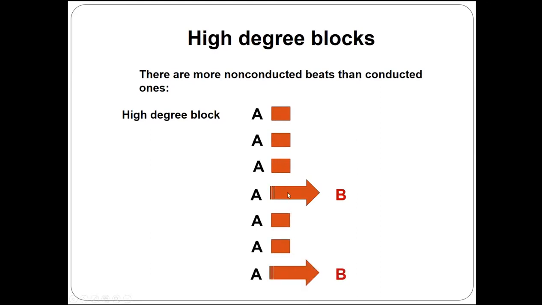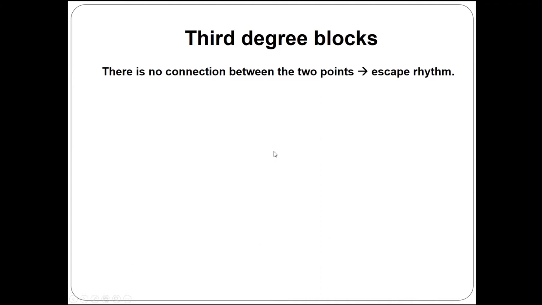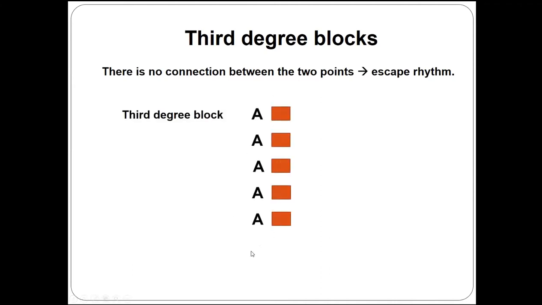So the only possibility is that some kind of lower center is going to fire, depending on the grade of unconduction we have. And the worst one is when we have no connection between A and B at all, and for sure we always have an escape rhythm, a lower center is going to fire.